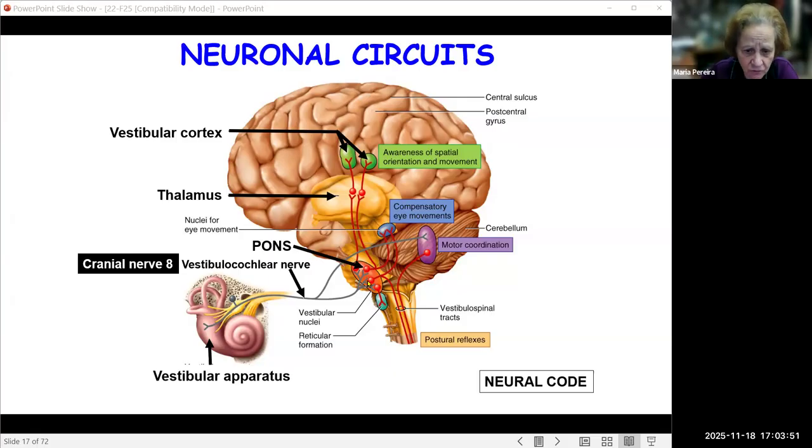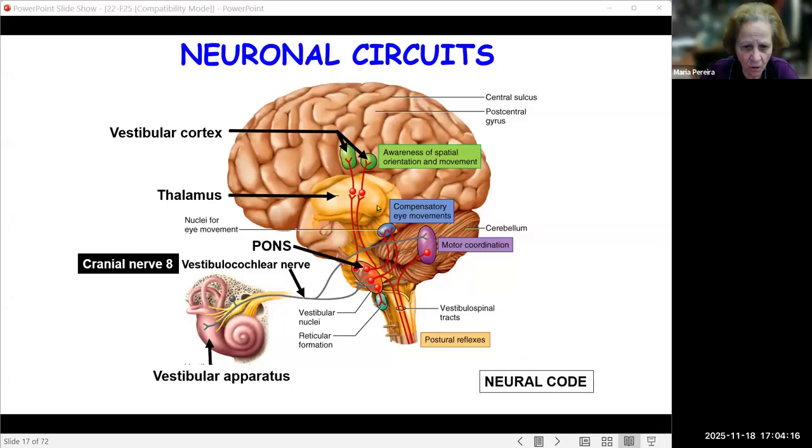Now, from the pons, you have interneurons that are going to conduct the electrical current coming from the sensory neuron. Remember, interneurons are contained in the CNS, the cell body and processes. So the action potential is going to be conducted to the thalamus.